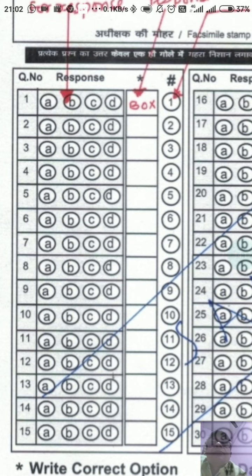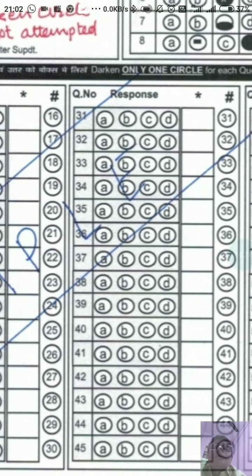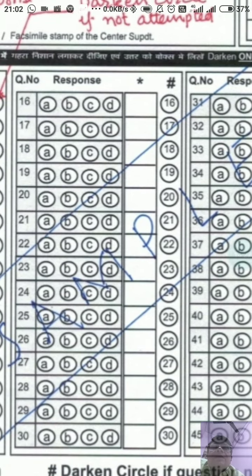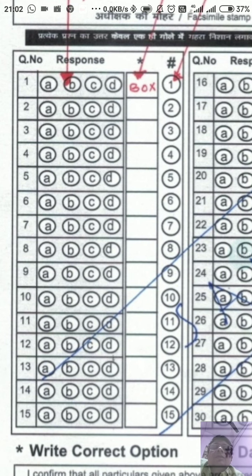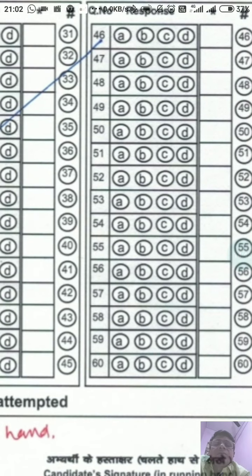So what you have to do, make all 50 responses darkened. If you don't want to leave any, and I think there is no negative marking, so you must approach all the questions. Don't leave any question without response.